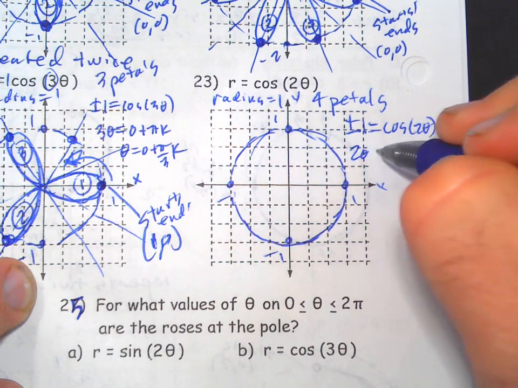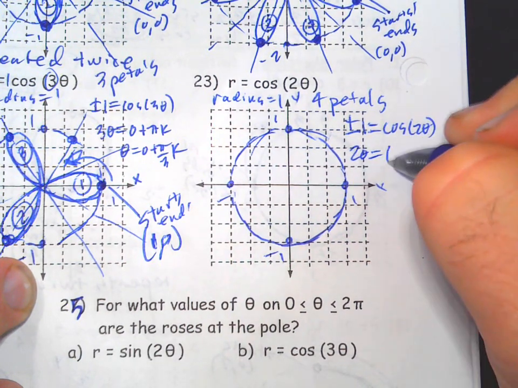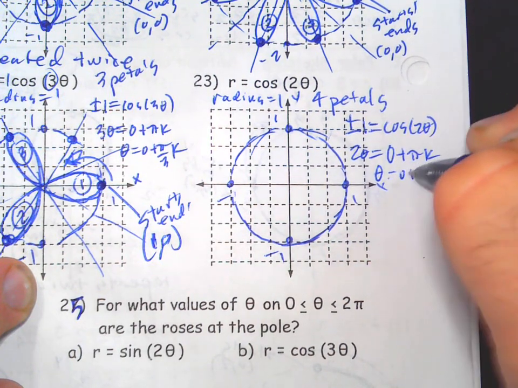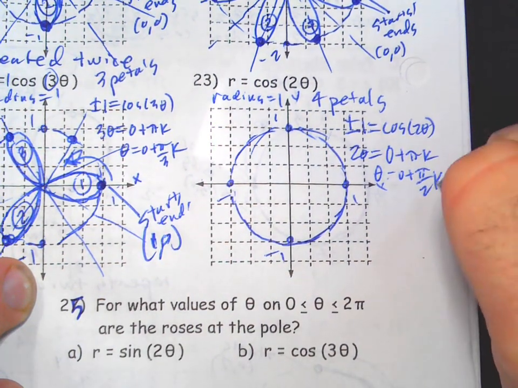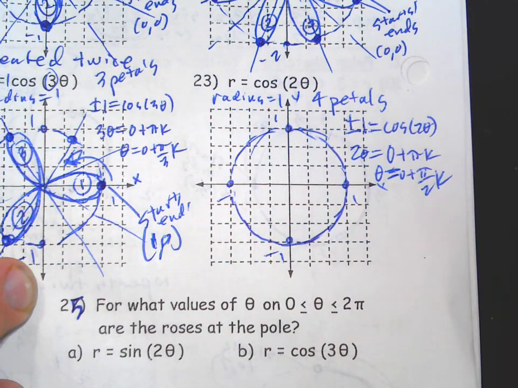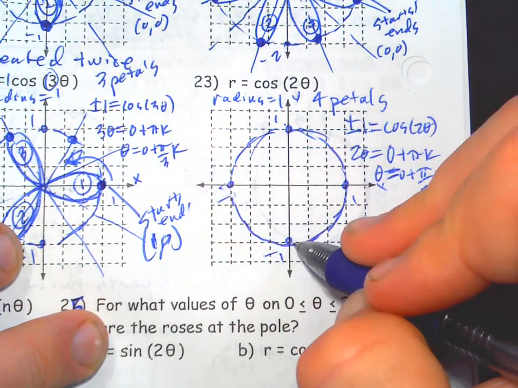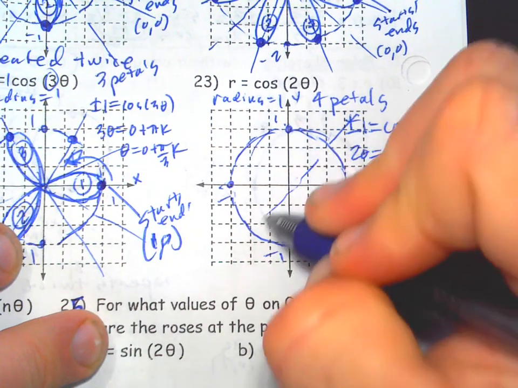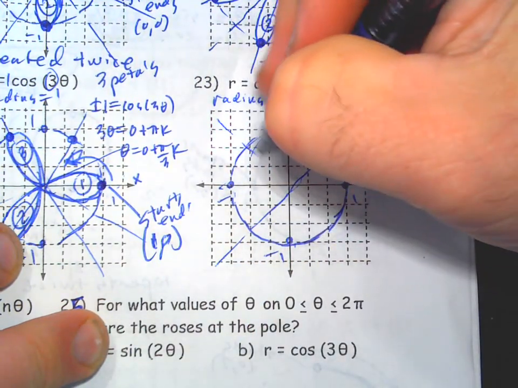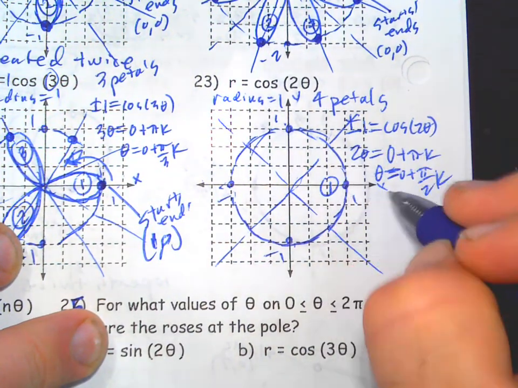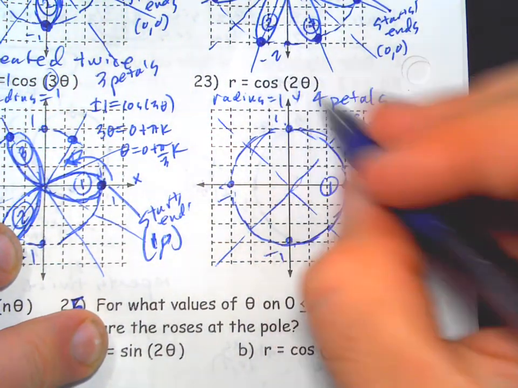So it's going to be 0 plus pi k. That equals 0 plus pi over 2 k. So 0, pi over 2, pi, 3 pi over 2, and then cut those angles in half because that's where it's going to go through the pole, and those are going to be edges of your petal. So here's the first petal. It starts at 1 because cosine's positive 1.